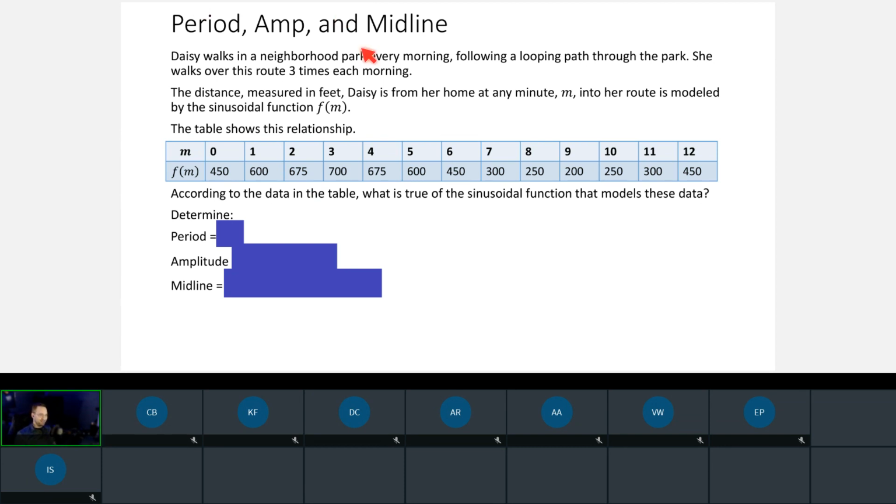Plus, I don't think these are the best problems, but let's look at this one. All right, so looking at this data, this is from m equals 0 to m equals 12, and you have all of these points. Now, you can't assume from 0 to 12 is one period. You can't assume that. That's why you need to look at the data.